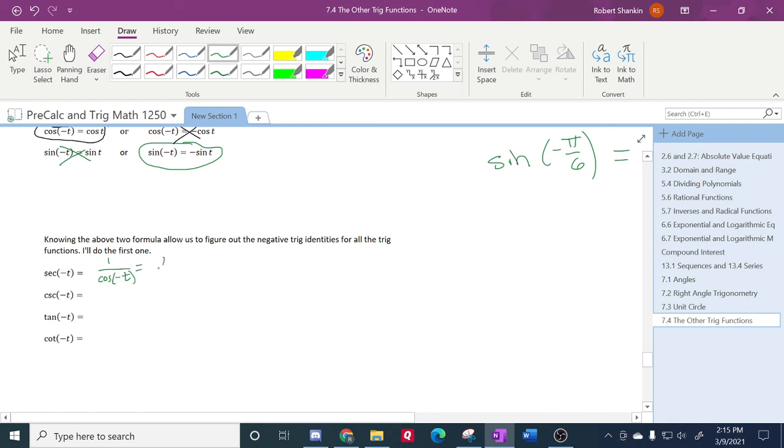But the cosine of negative t is the same as the cosine of t from up here. And this is the same as the secant of t. So secant works just like cosine does. They have the same sign. But cosecant is going to be opposite, and so on. And you can work the other ones out.